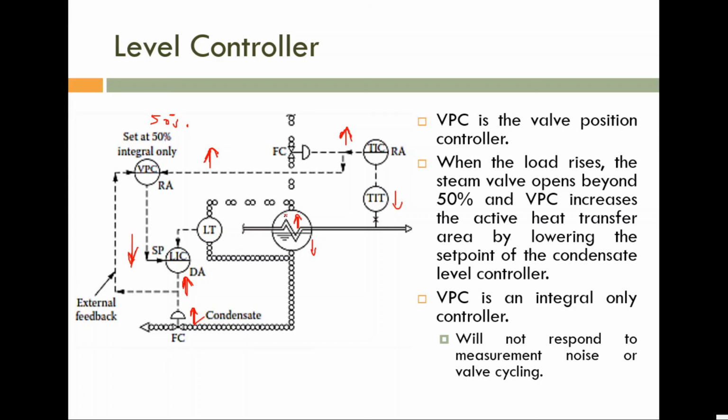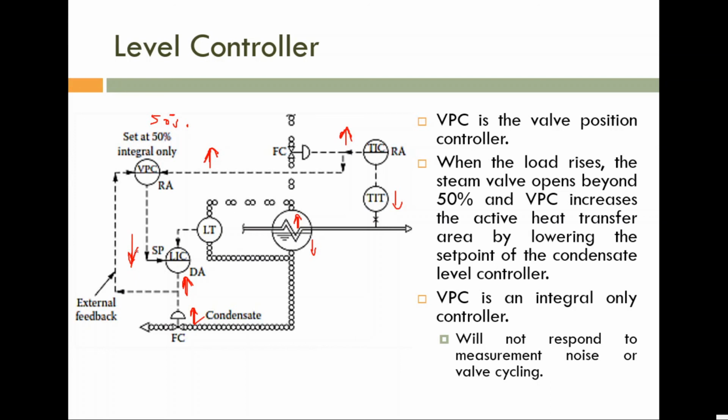Once again, I am repeating one by one. Please remember, I am stopping this class now. With respect to the extremely small measurement, TIC will give a very large control output, which is acting as the measurement of VPC. So the measurement of VPC is increased. As the set point of VPC is fixed, with respect to the increase of this measurement, the control output given by the VPC is decreased.